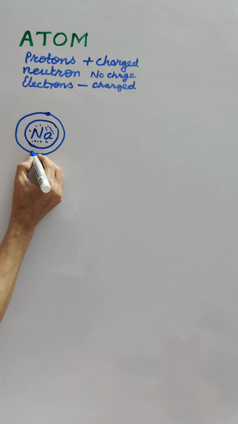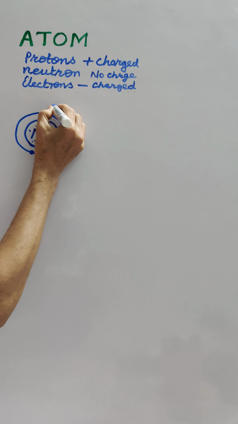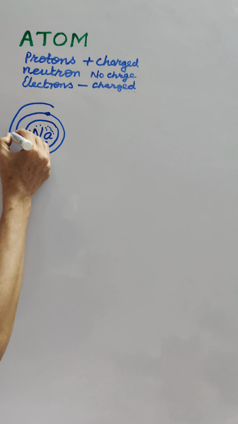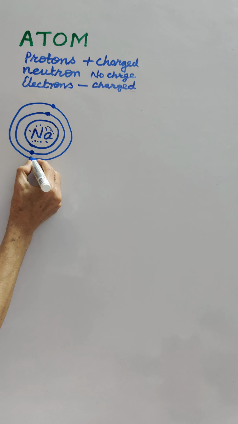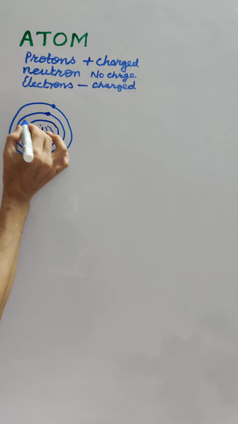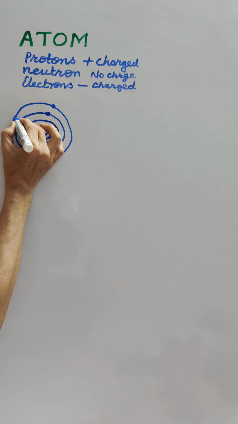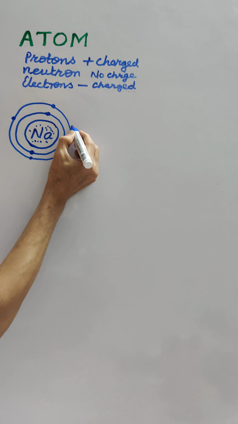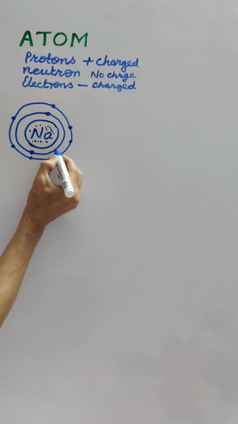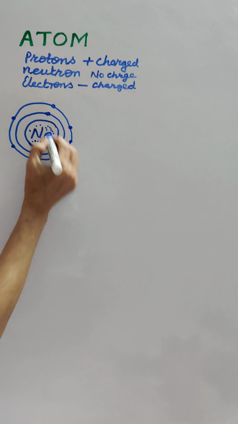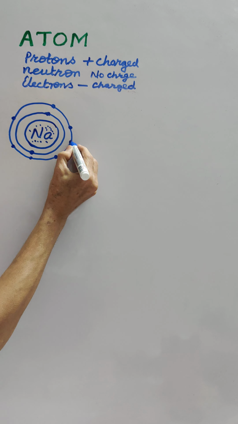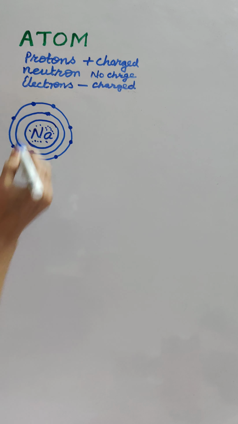It contains 2 electrons. This is the second orbit. In the second orbit, according to the rule 2n square, there will be 8 electrons. So sodium has a total of 11 electrons.